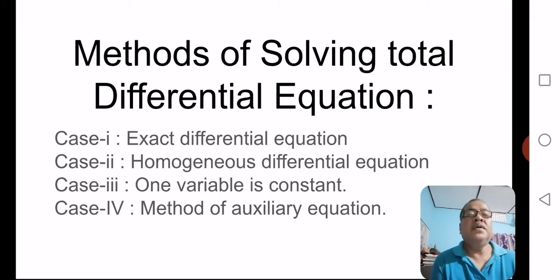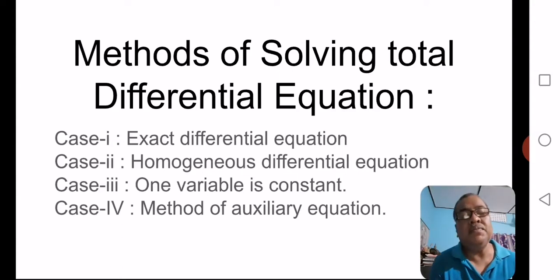Here the second and third terms can be regrouped as d of yz. So it becomes x square dx plus d of yz equal to 0. Integrating, we get x cube divided by 3 plus yz equal to constant. This is the solution. In this way we can solve an exact differential equation.